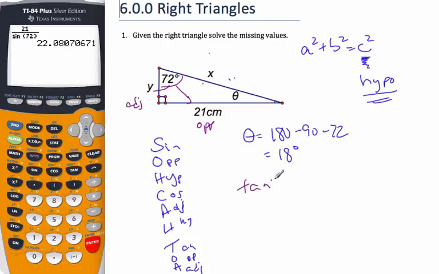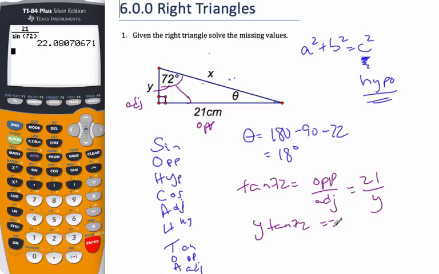So the tangent of 72 is equal to the opposite over adjacent, which is 21 over y. If I cross multiply again, I get y tan 72 is 21. And so y is equal to 21 over the tangent of 72, similar to what we just did.